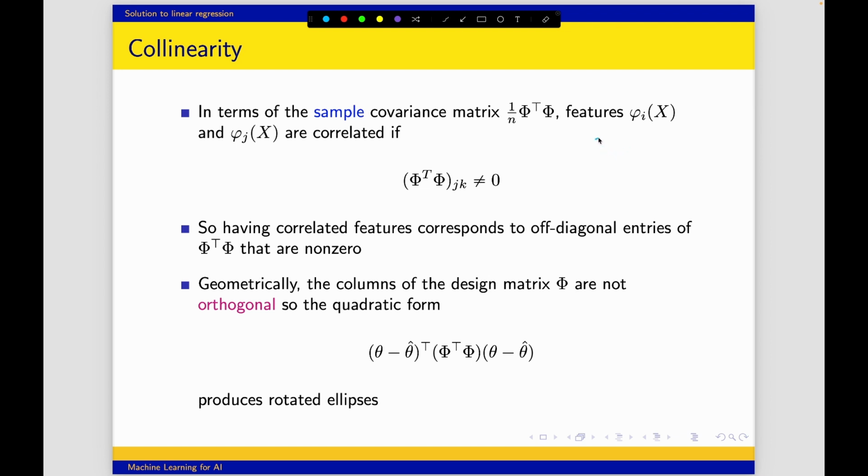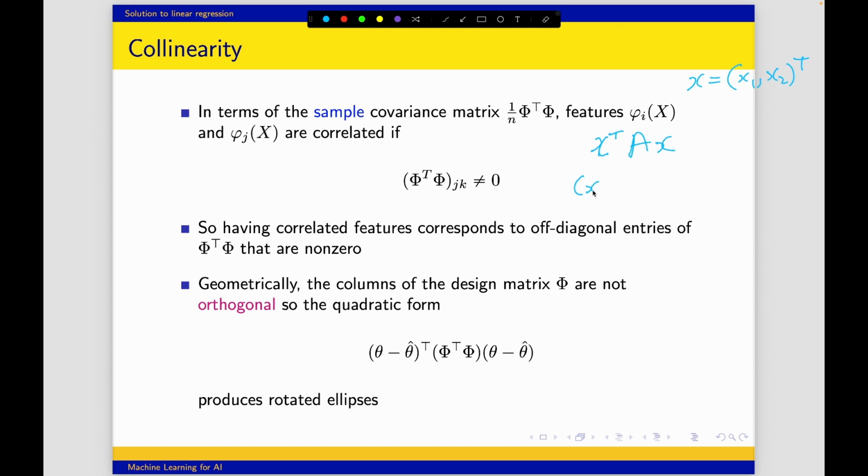I'm going to just keep things simple. I'm going to replace this with just some general vector x. So let's say x transpose A times x, and let's say x is a vector with only two components, x1 and x2. So A is a 2 by 2 matrix. Well, if A is diagonal, what does this look like?